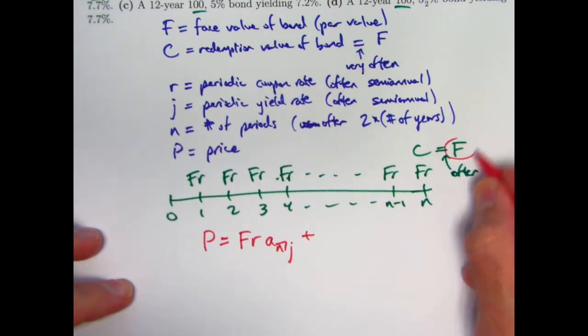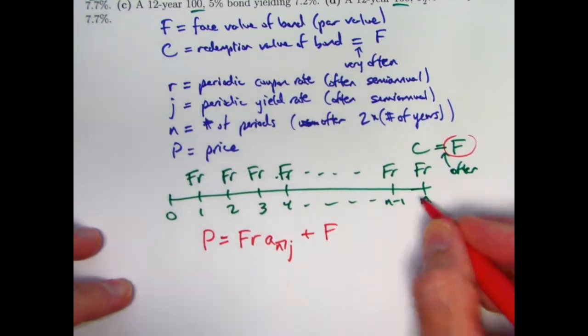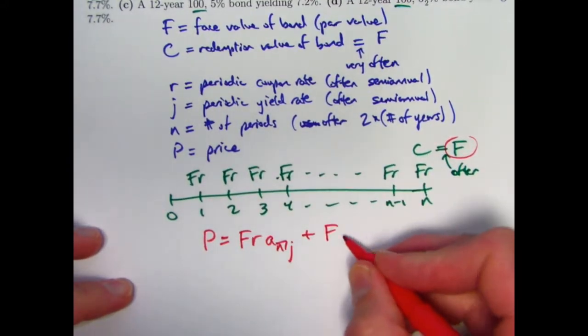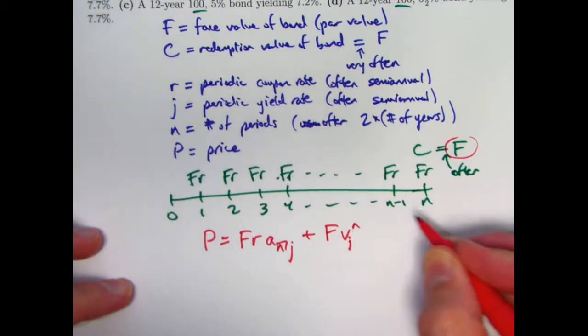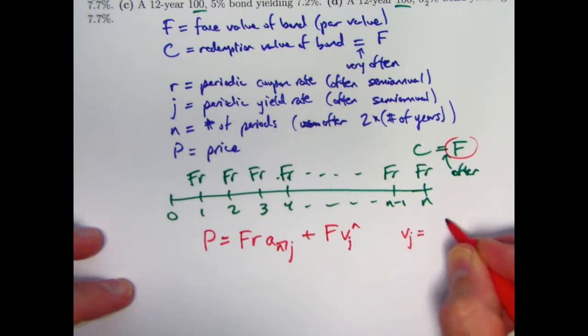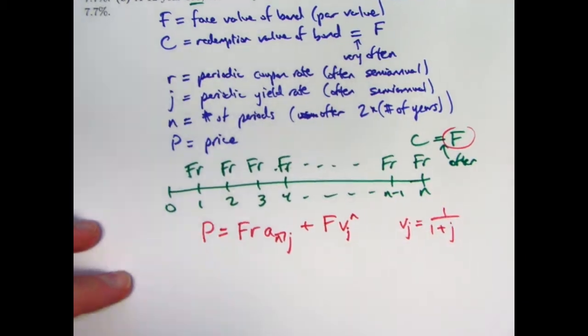And then I've got this ending payment of F that needs to be discounted back in time n periods. So I need to multiply by V to the n, where it's really V sub j to the n, V sub j being 1 over 1 plus j.